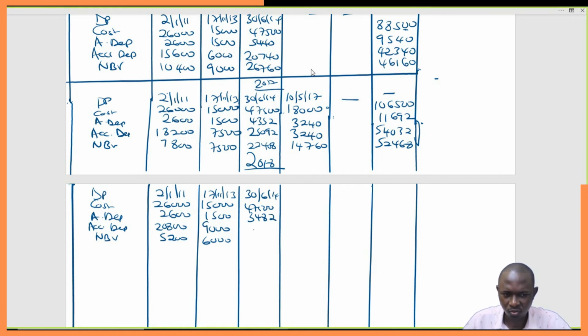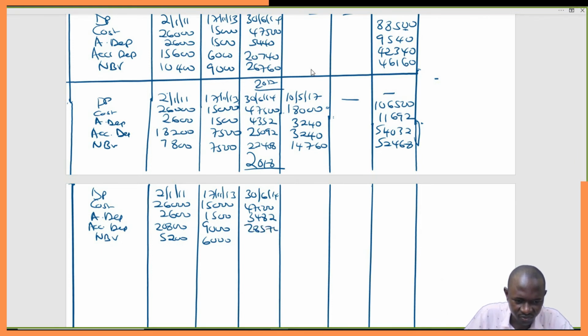It is 25,092 plus 3482. That gives us 28,574. So this minus 47,500, we get 18,926. Sorry, 18,926.